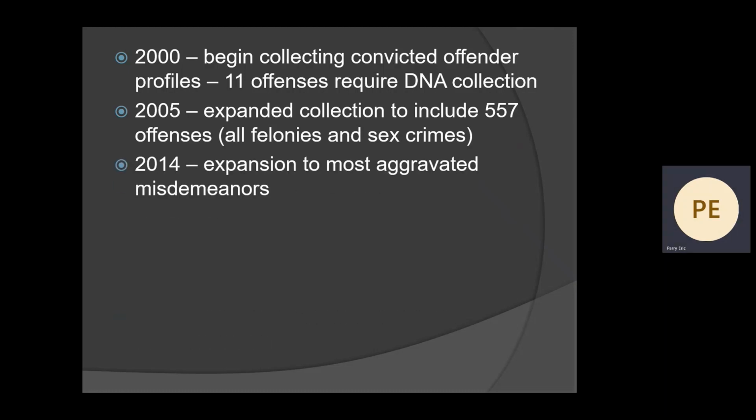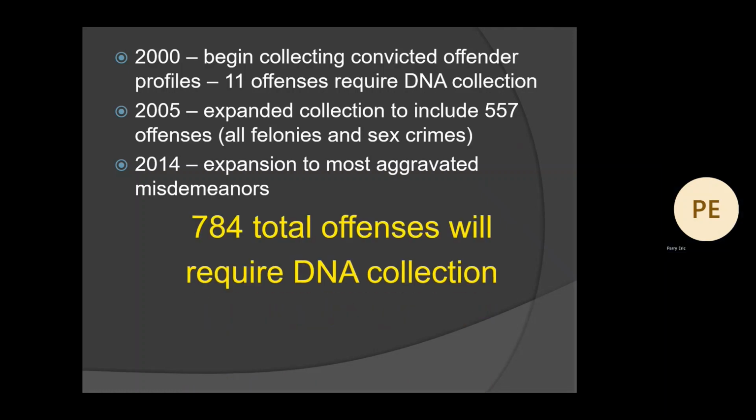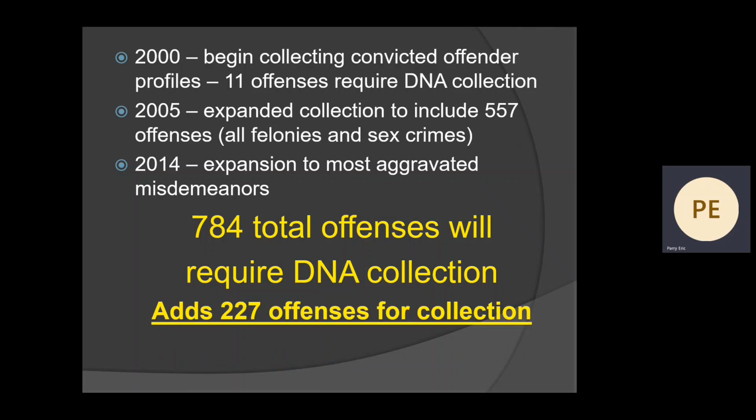In 2014, the law expanded further to include most aggravated misdemeanors. I'll get to the exceptions in a bit. So all you need to know is that it's all felonies, all sex crimes, and most aggravated misdemeanors.